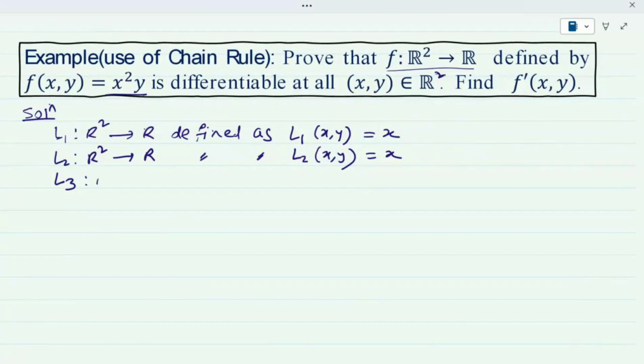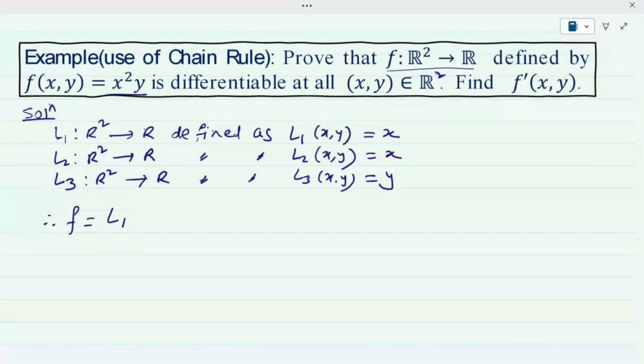And then L3 from R2 to R defined as L3(x,y) = y. Then f is equal to L1 multiplied by L2 multiplied by L3.